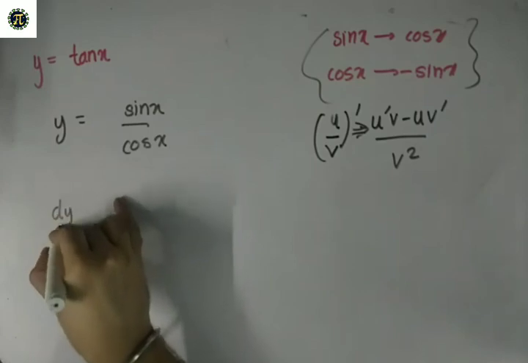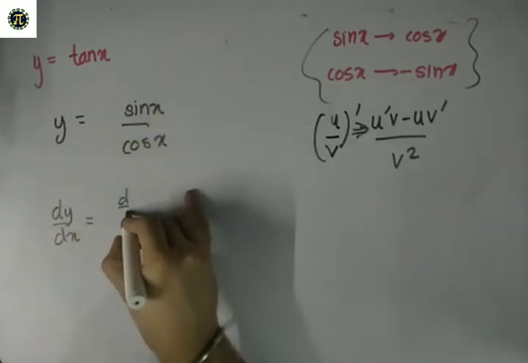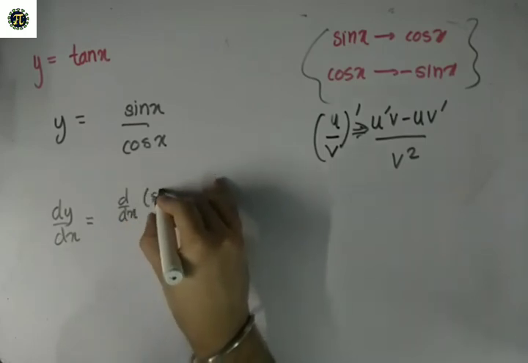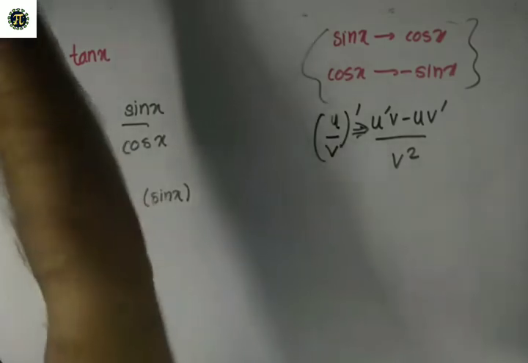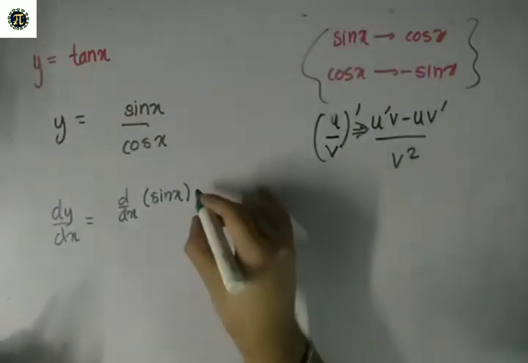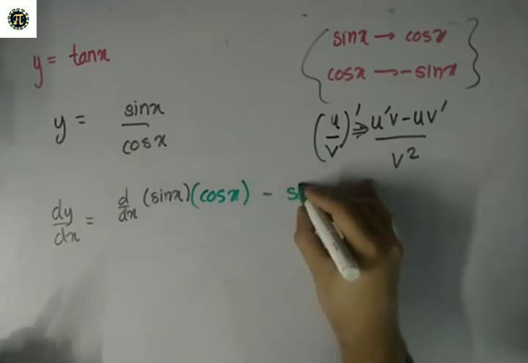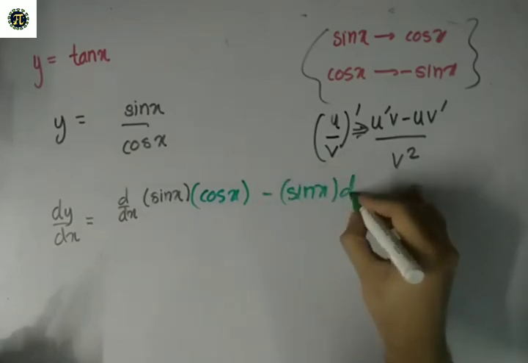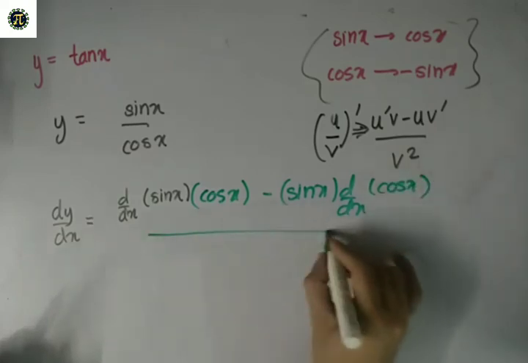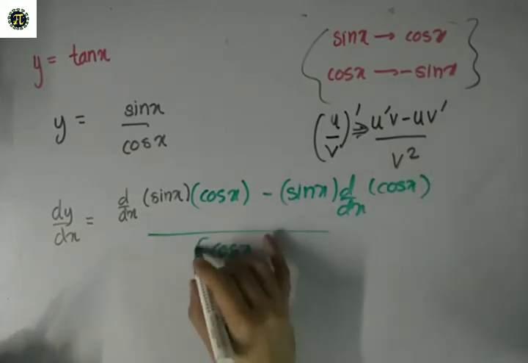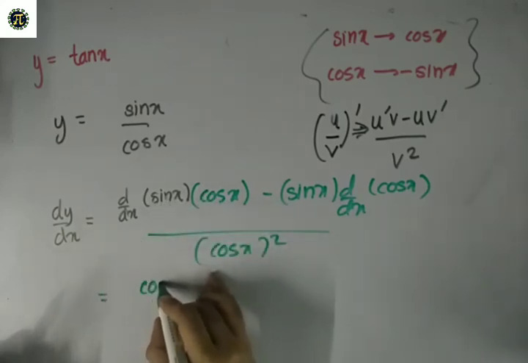So dy by dx will be differentiation of the first function d dx of sin x into, let's say, cos x remains same minus sin x remains same into d dx of cos x, the denominator, divided by denominator whole square.